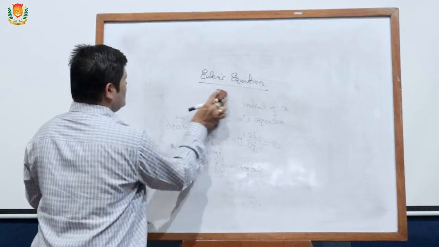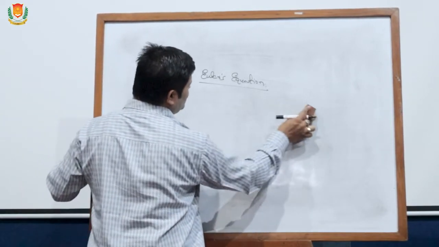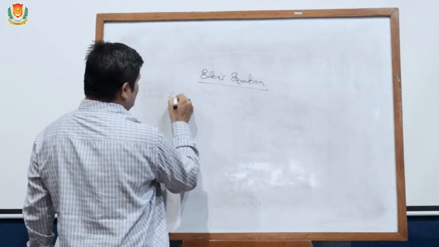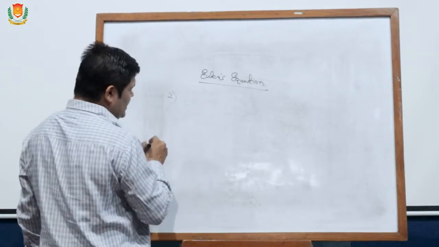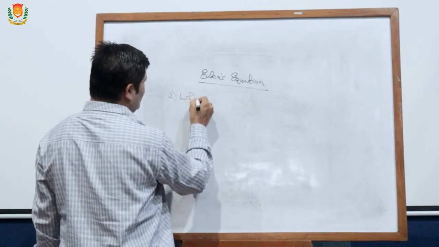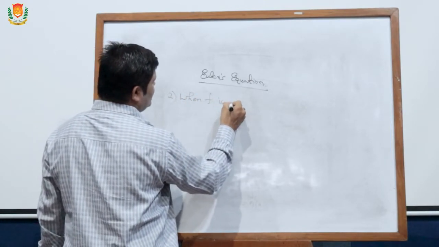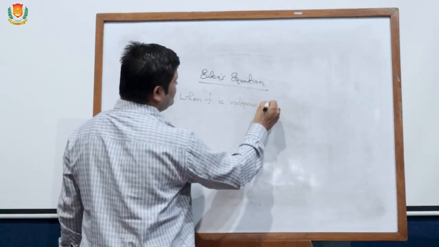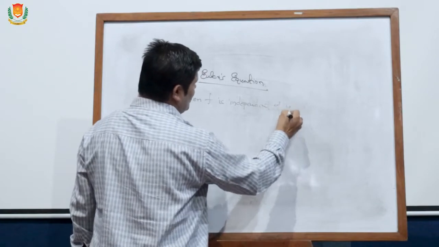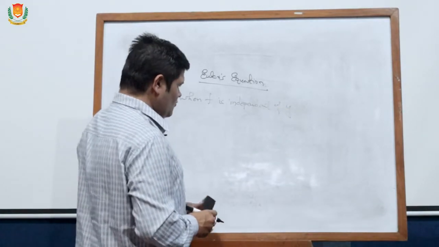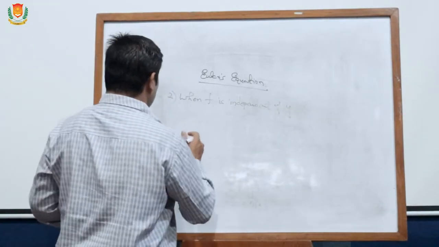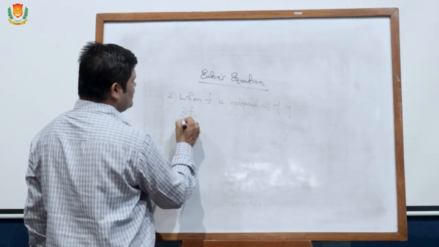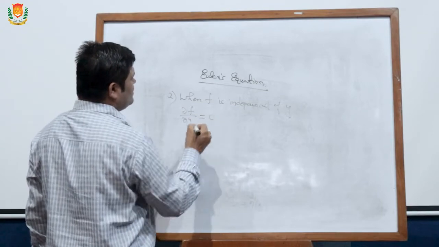Okay, now we are moving to the second part. What is this second? When f is independent of y. When f is independent of y, del f upon del y equals to 0.